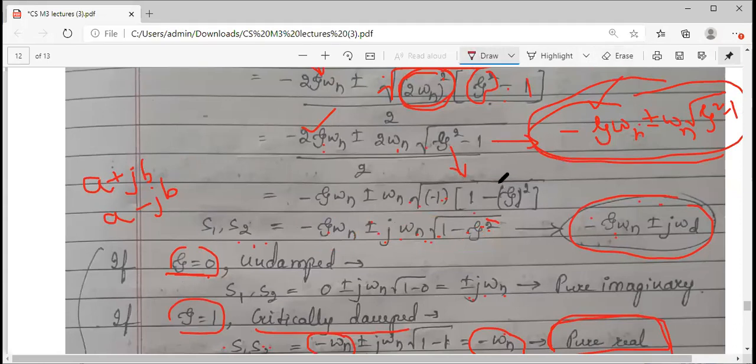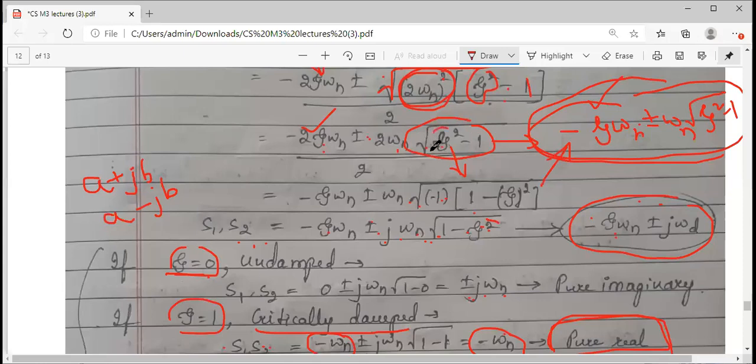Because of the red color equation that I have written here, if zeta is greater than 1, then whatever answer comes inside the square root, if you take zeta more than 1, say 2, 3, 4, will be a positive value. So there is no j term here. The question of a j term does not arise.